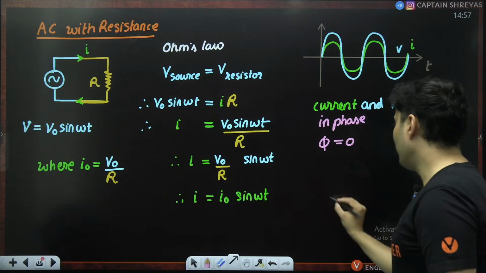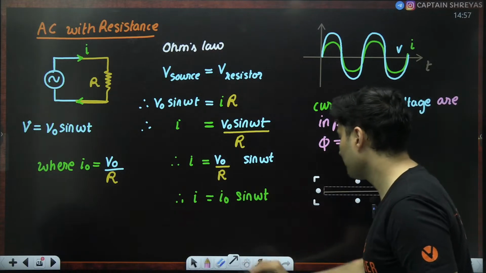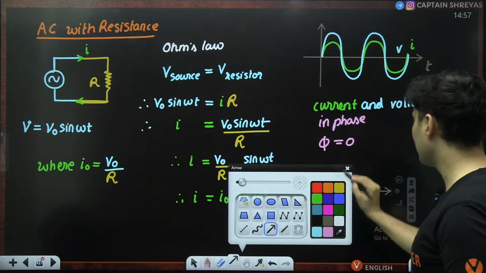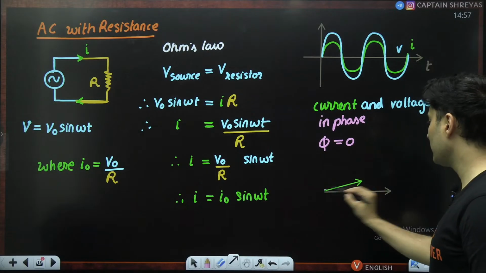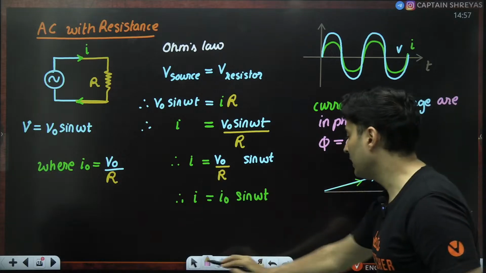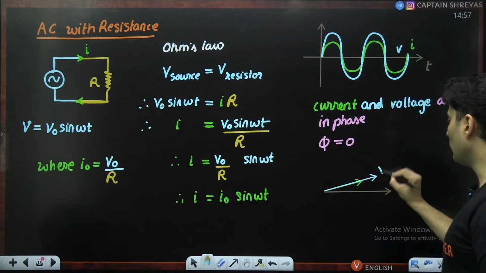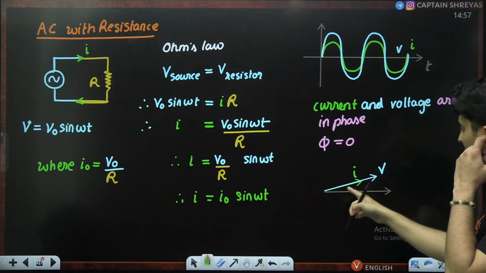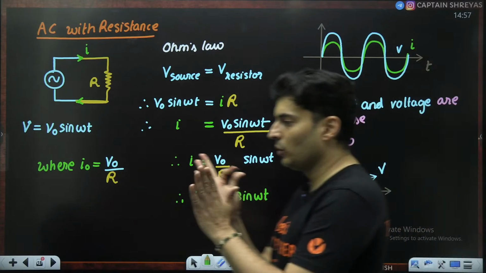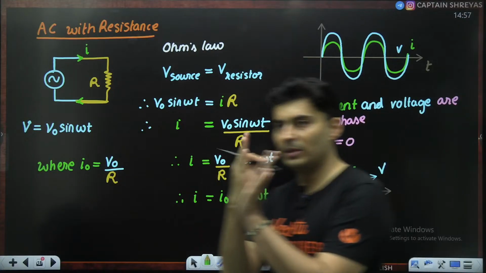So if one had to draw their phasor diagram, it would look something like this. If you show current over here, the voltage phasor will be overlapping it. This is the voltage phasor, this will be the current phasor. You can see they are overlapping each other. That means there is no phase angle difference between them.